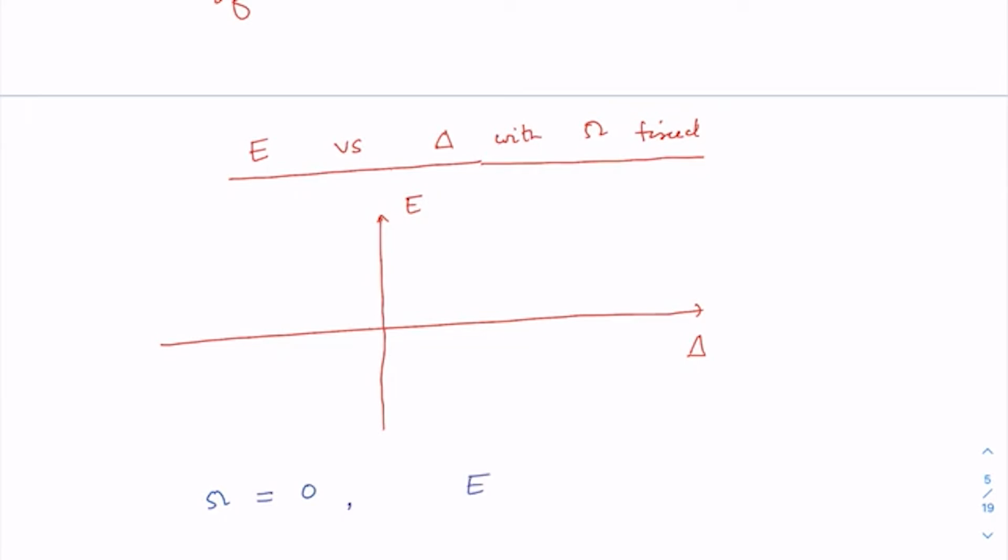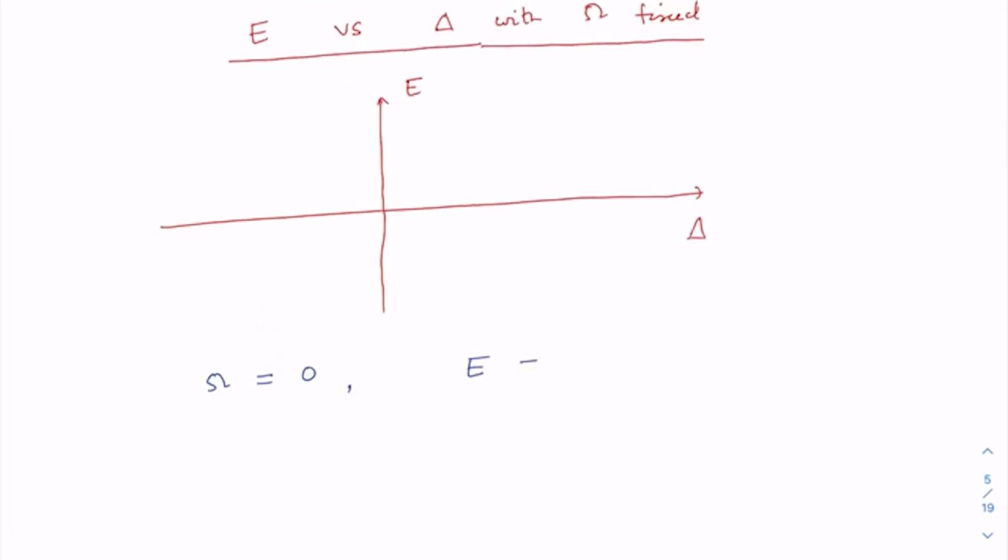Then the energy eigenvalue E would be equal to minus h cross delta by 2 plus minus h cross delta by 2. So this means I have E plus is equal to 0 and E minus is equal to minus h cross delta. For E plus, we get this plot, that is E plus is equal to 0.